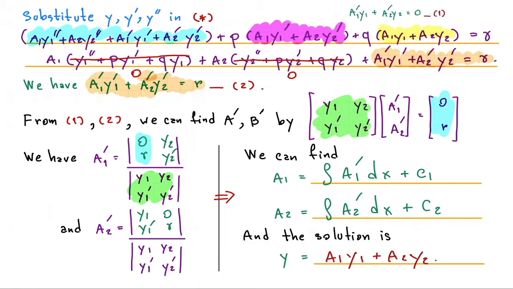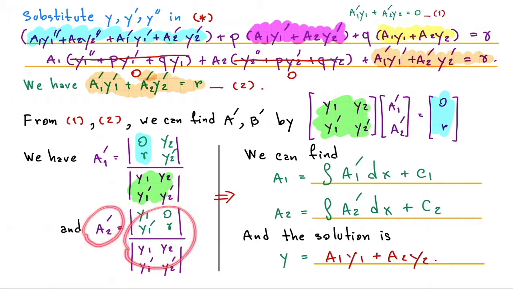So once we have two equations, we can write it in matrix form. It's a system of linear equations, and we can write both of them in terms of matrix. From Cramer's rule, we can find a1 prime using this approach and a2 prime using this approach.